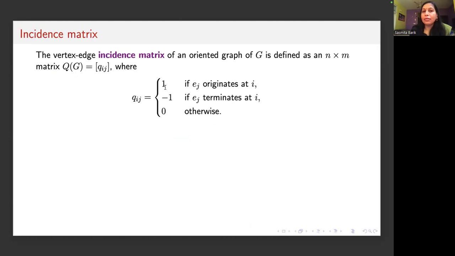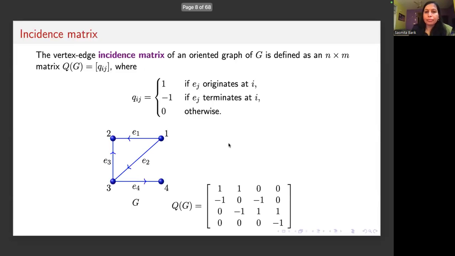Its ij entry will be 1 if the edge originates at i, and you put -1 if the edge terminates at i, and 0 otherwise. Like in this example, you can see I made your original graph directed. So I put directions on the edges, and then if I am looking at the entries, as I told, the rows are indexed by the vertices.